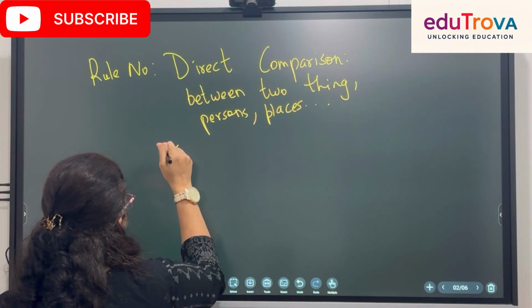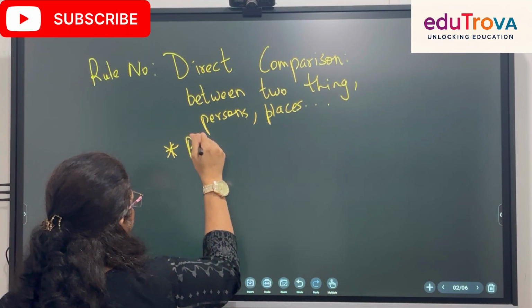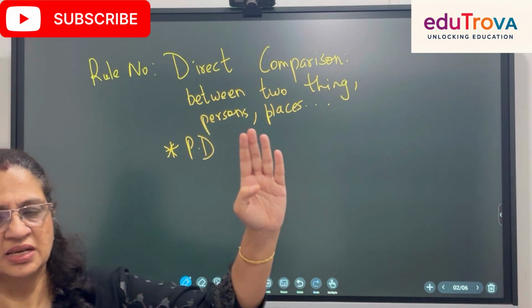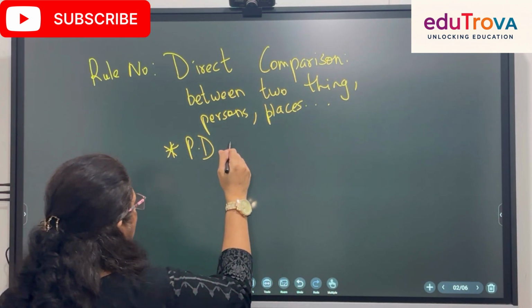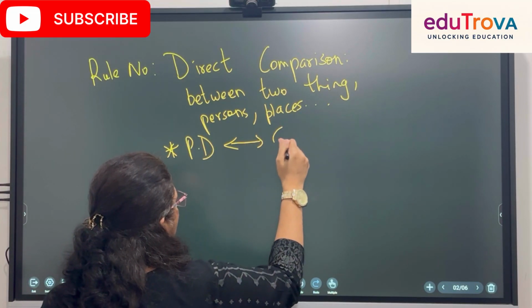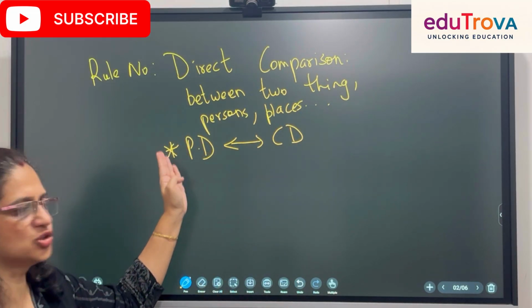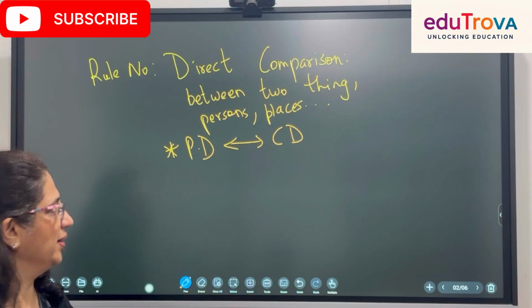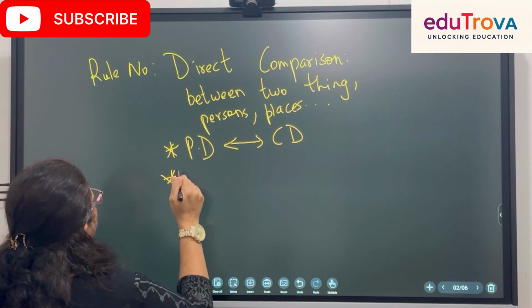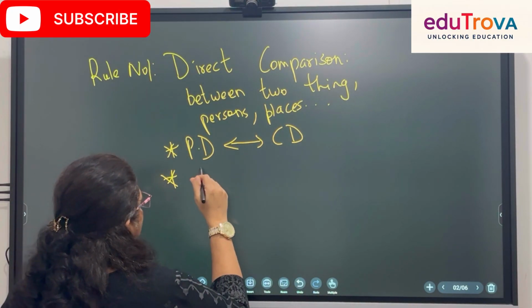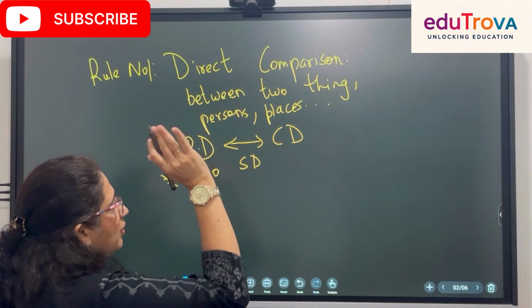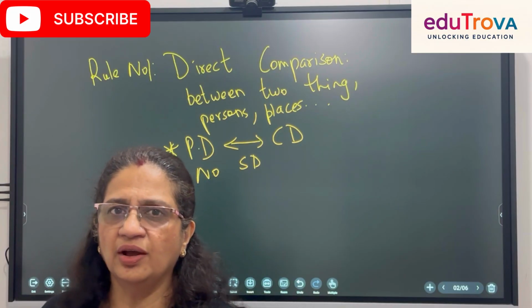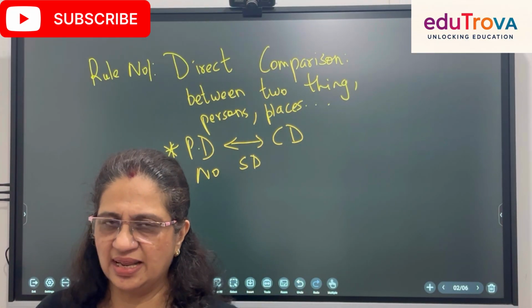So my first rule: I am writing PD for positive degree, CD for comparative, SD for superlative. My positive degree will change to comparative degree will change to positive degree. Then no superlative degree in case of direct comparison. I will not have superlative degree in the change of sentence.